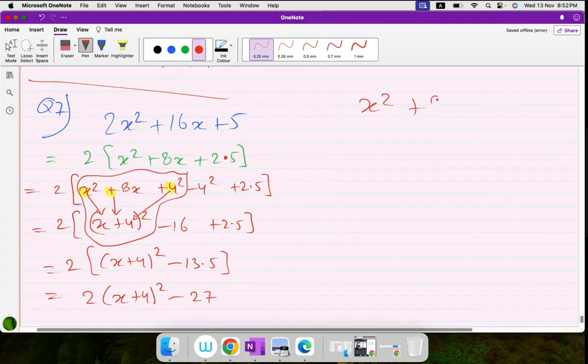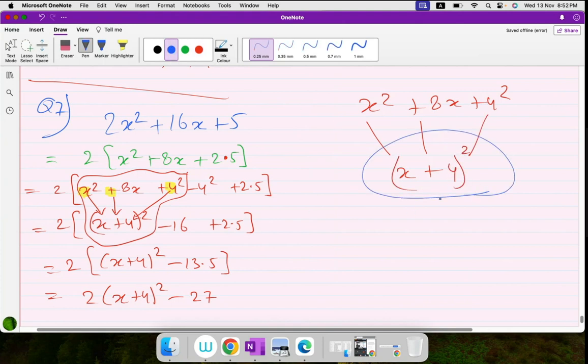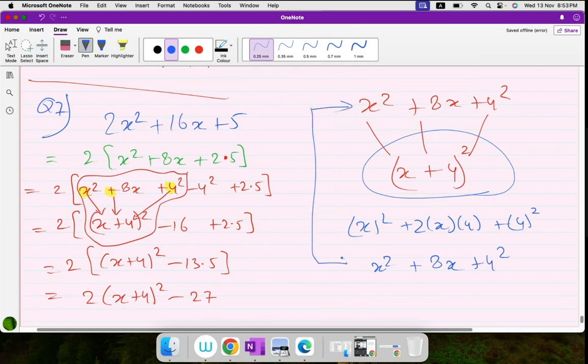This is x square plus 8x plus 4 square. We just copy x, only copy the positive sign, only copy 4. It is not coming here. Now if you just open this again, that will be a square plus 2 into a into b plus b square. See how we are getting that statement again. Yes, sir.